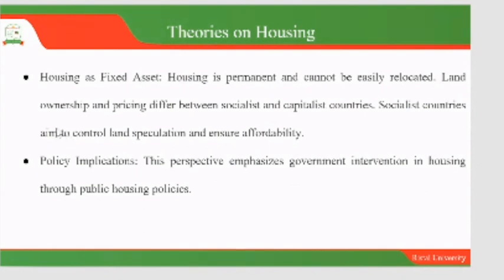So you can go ahead and read through the Marxist trend, but some of the few highlights of the Marxist theory is that housing is a basic need, but also it's treated like a product to make money.